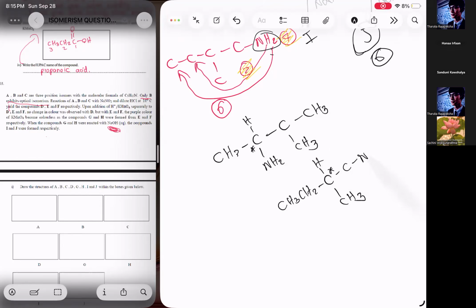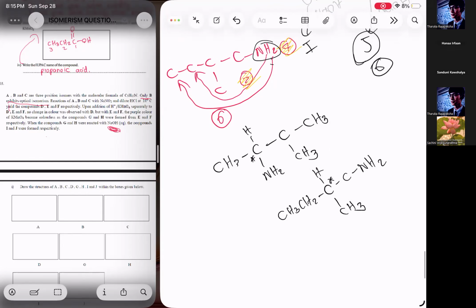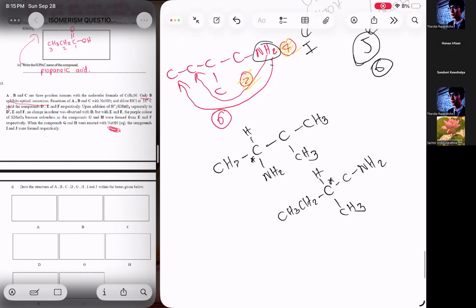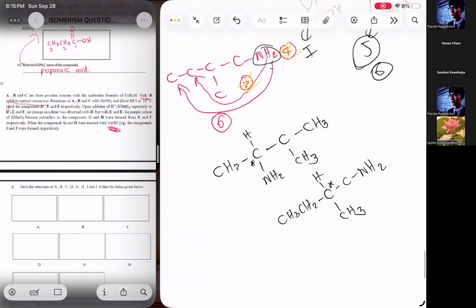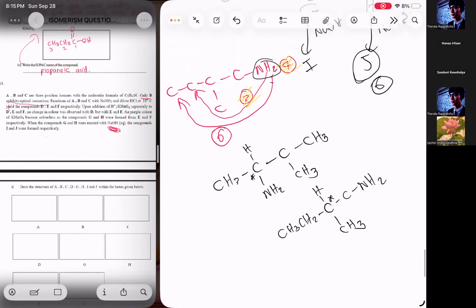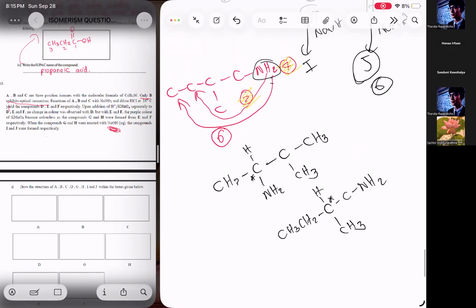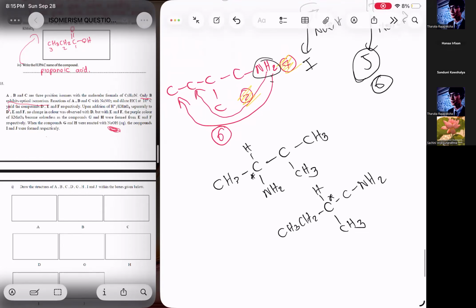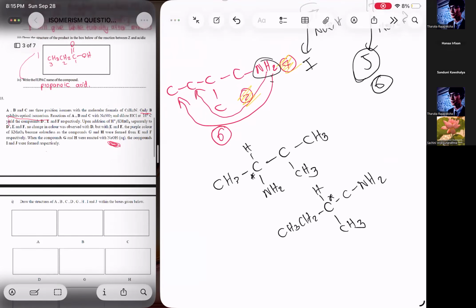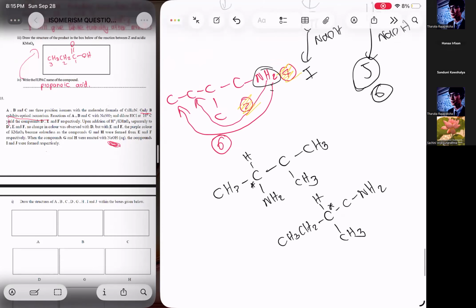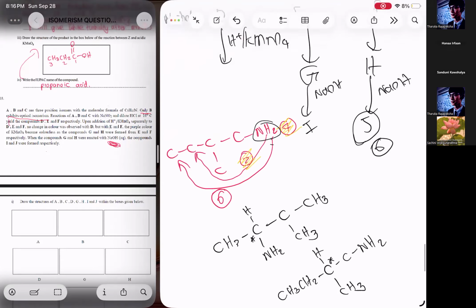Anyway, it's still an optical isomer. This is still an optical isomer. Yeah, then that's how we should go with it. There is no other method to distinguish between them.